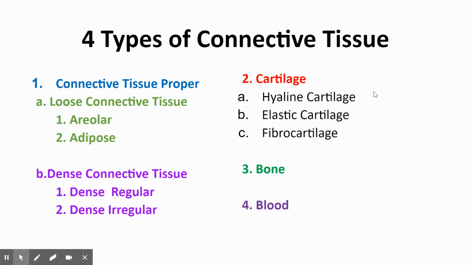Based on the names, if you see the word loose, you know that things are not going to be packed in this tissue, versus dense. If you think of the word dense, you have a lot packed into a small area or space. Keep that in mind as we talk about the differences between loose and dense connective tissue.